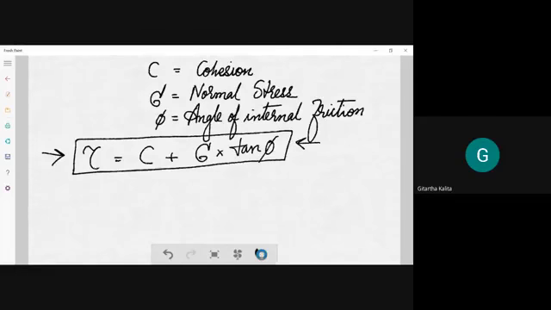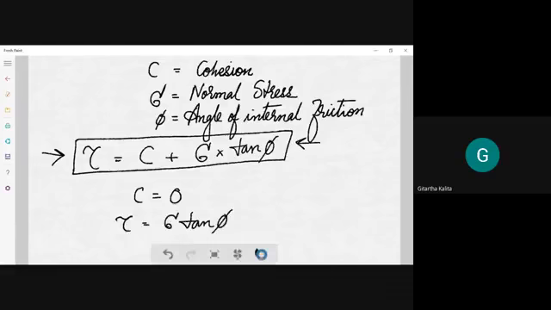If there is a cohesionless soil like sand, then there is no value of C. C is equal to 0 because there is no cohesion in sand. So in that case, it will be tau is equal to sigma tan phi simply.